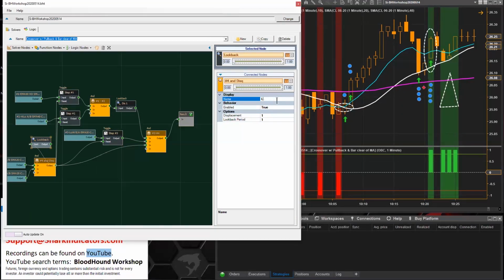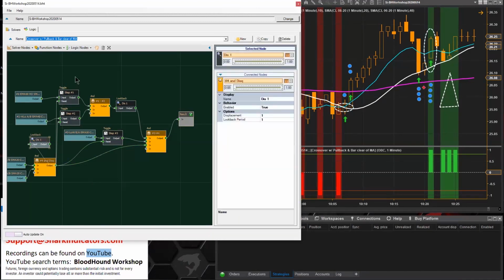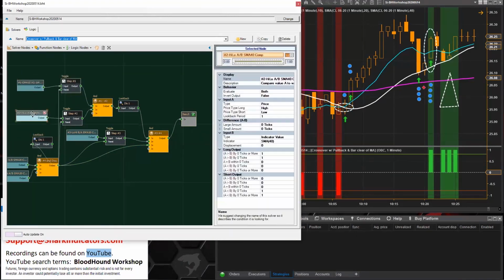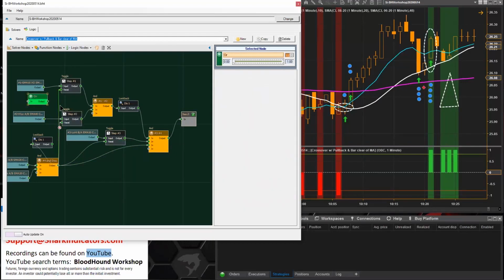So let's name this a displacement 1 function. And we're going to need a bunch of OR nodes as well.